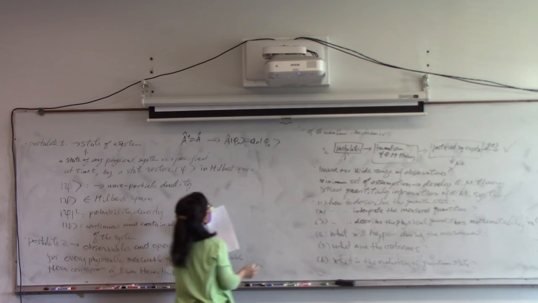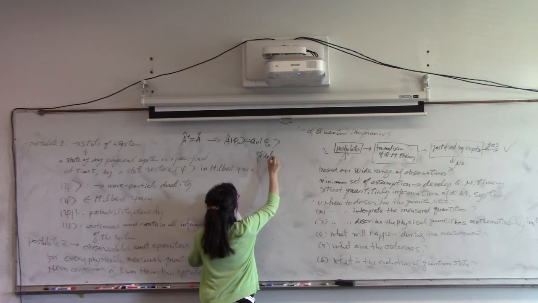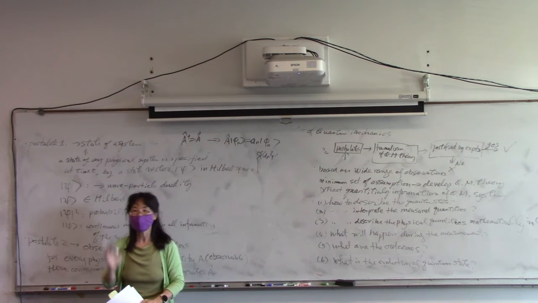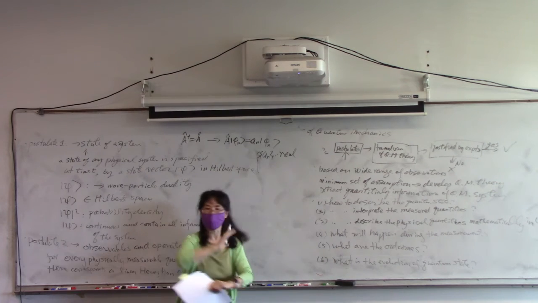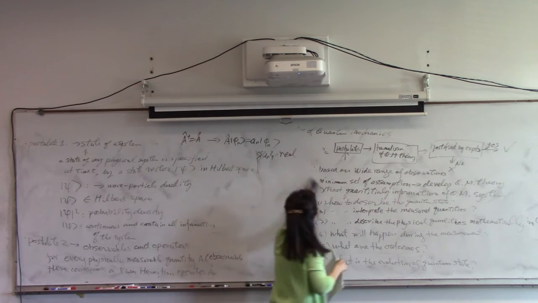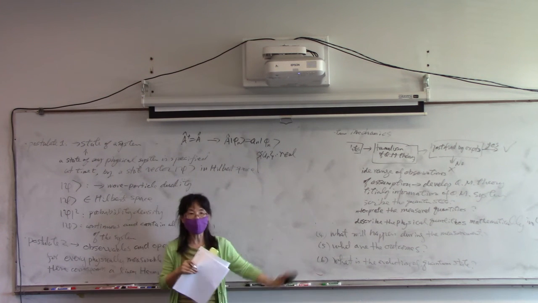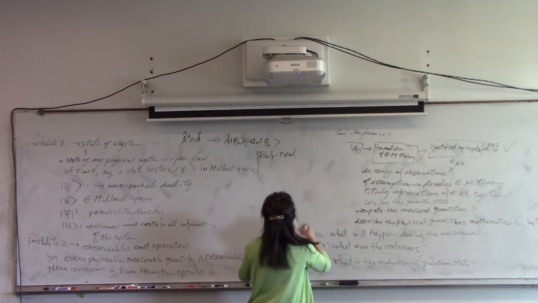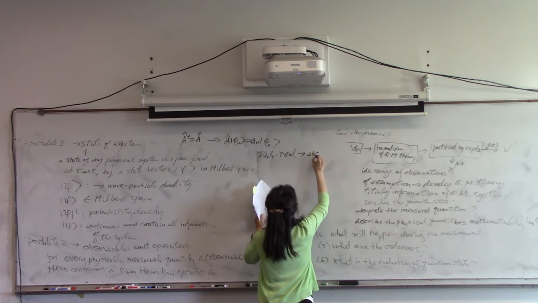If you remember this, what is the conclusion for this? Real, right? That is why the physical quantities are all real. So the operators corresponding to these physical quantities must be Hermitian. Otherwise, the eigenvalue is not real. So that is the case, and that is observable.